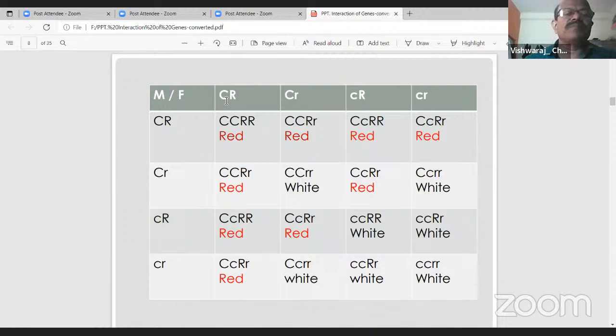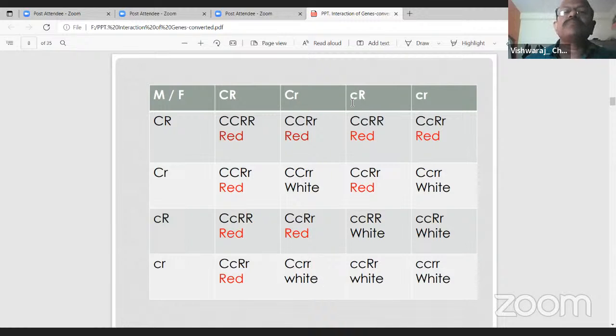Here, female capital C, male small c, female capital R, male small r, red color. Female capital C, male small c, female small r, male small r, white color.